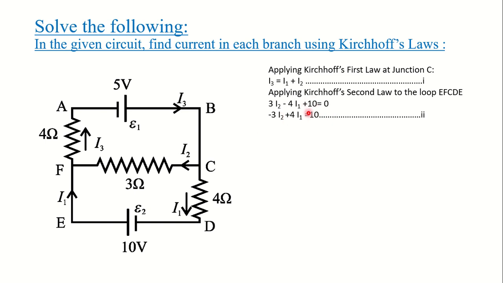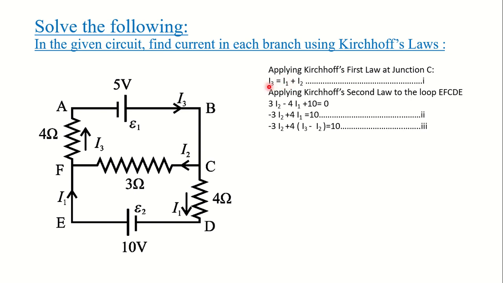And rearranging this equation, taking these two terms to the right hand side, you will get minus 3I2 plus 4I1 is equal to 10. And solving this again. Now here you can see in this equation 3I2 plus 4 into I3 minus I2. From where have we got this? See equation number 1. Here we have written I3 is equal to I1 plus I2. So from this equation, what will be I1?